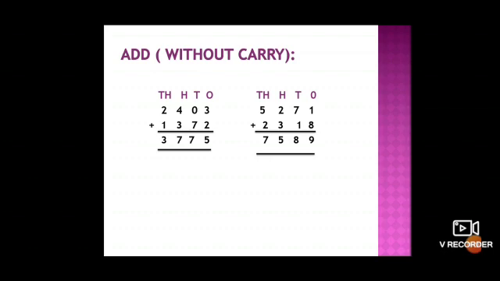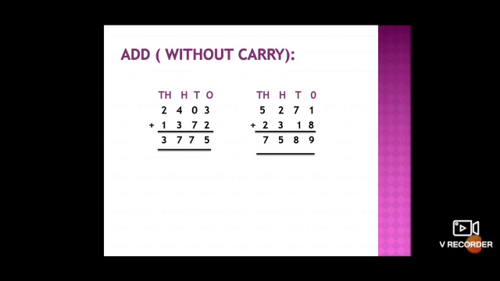1 plus 8 gives you 9. Move to the next place. It's the tens place. You have 7 and 1. 7 plus 1 is 8. Next, hundreds place. 2 plus 3? 5.